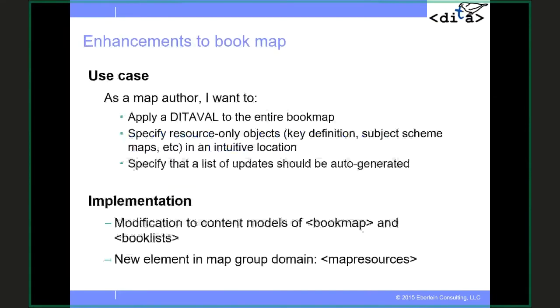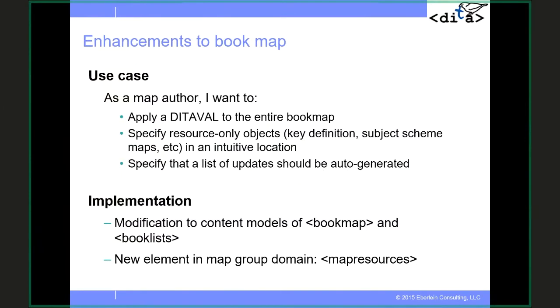And one of the things we have is we have some very solid enhancements to Bookmap. And here we know that there have been problems with Bookmap, particularly as DITA, the standard, has evolved, and we've added new things like keys, subject scheme maps, and branch filtering, and the bookmap design really did not accommodate those changes to the DITA standard.